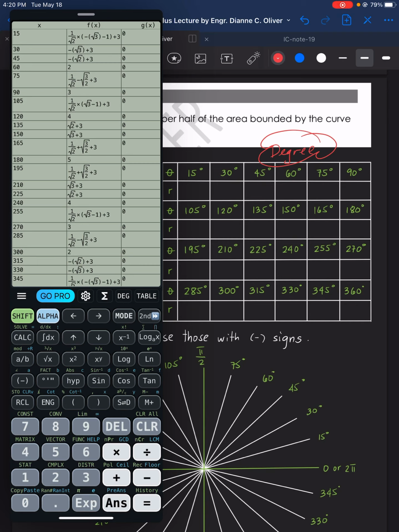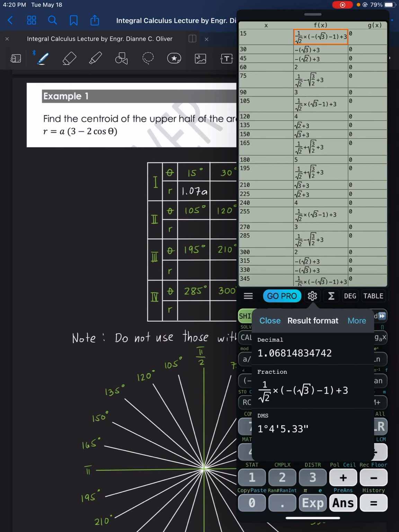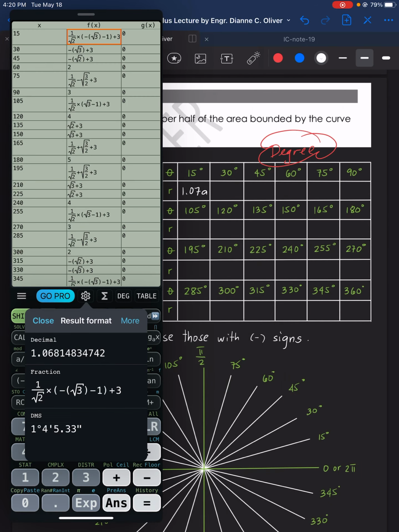Now for 15 degrees, we have here 1.07A. Don't forget A because in the equation we have A here, so we will put A in the table. So this is 1.07A for 15 degrees. For 30 degrees, we have there 1.27A.